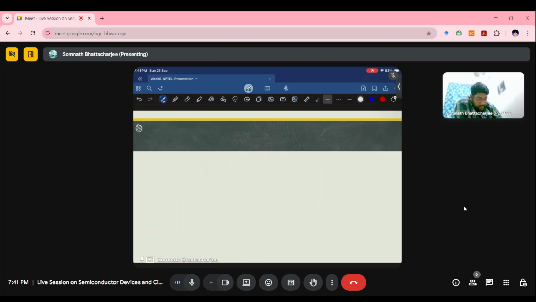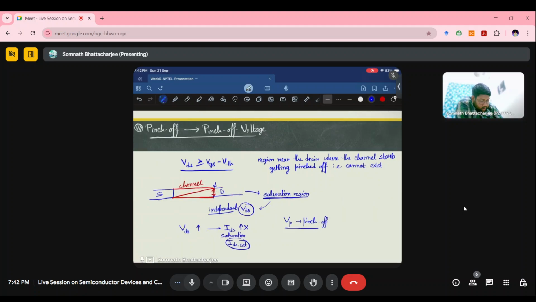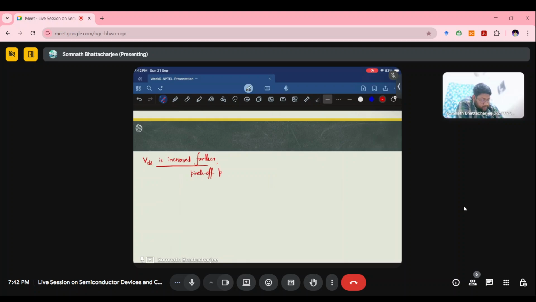But in reality, what happens is that if we keep on increasing this VDS, the pinch off point, which is at this point, shifts towards the source terminal.